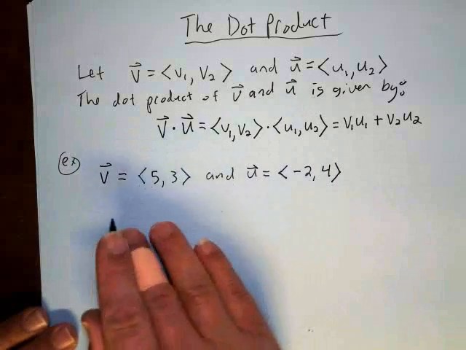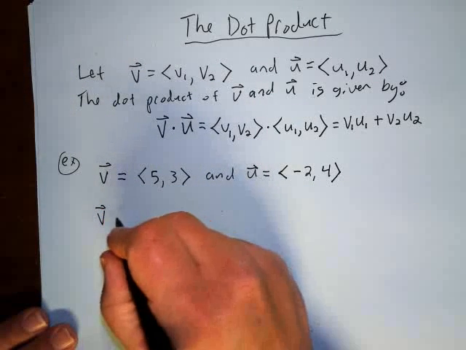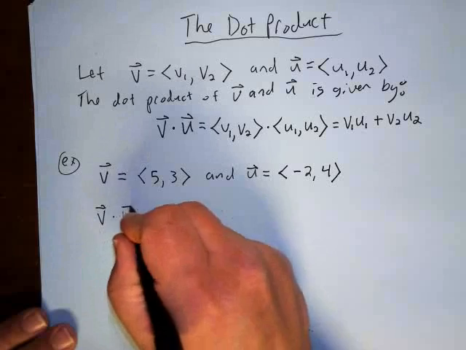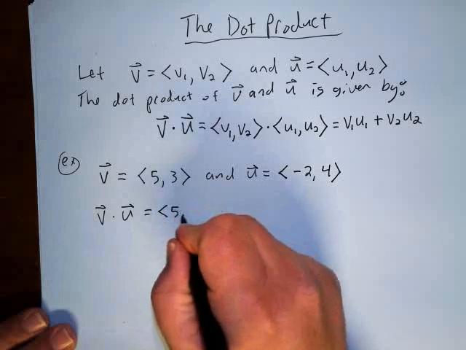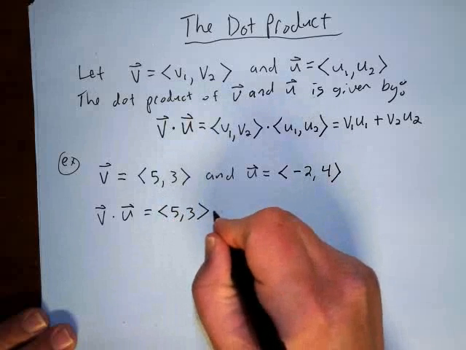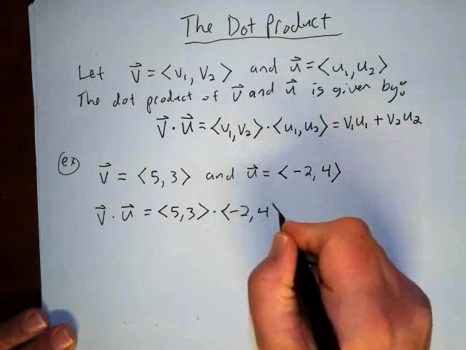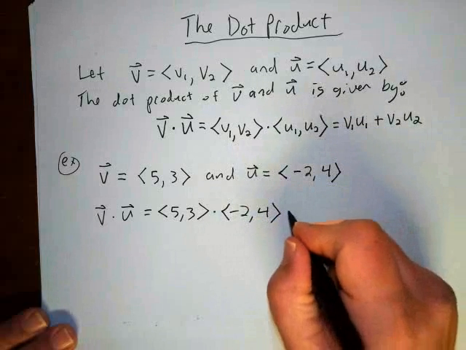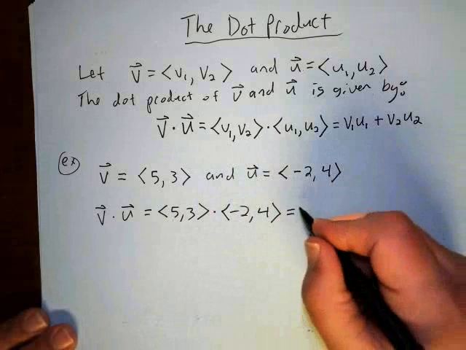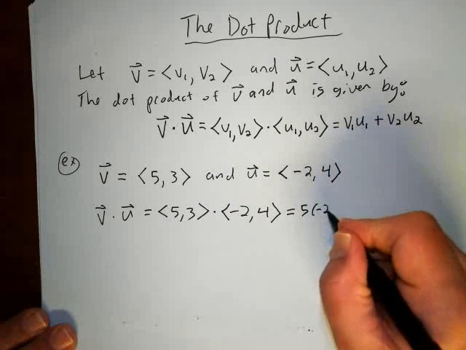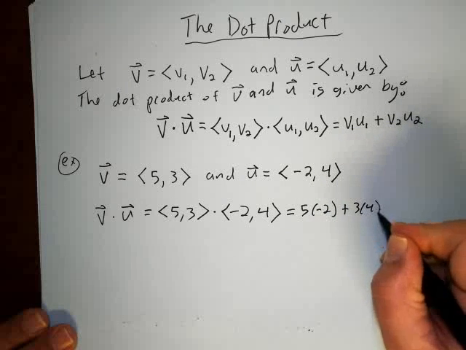So let me actually find the dot product then of this one here. So v dot u, so this would be (5, 3) dot (-2, 4). And so I'm going to take 5 times negative 2. Well, I'll just write it out. 5 times negative 2 plus 3 times 4.